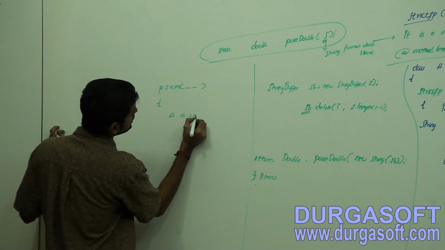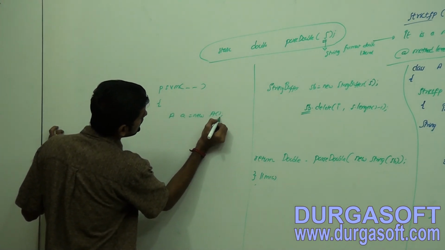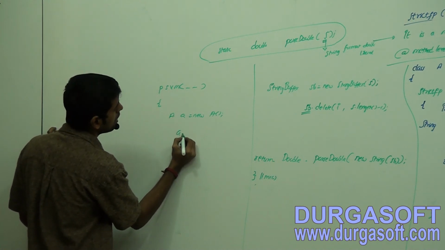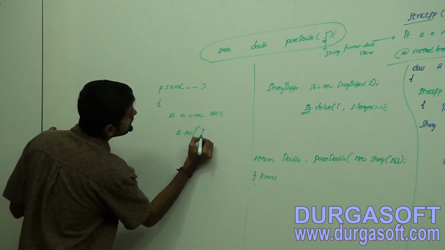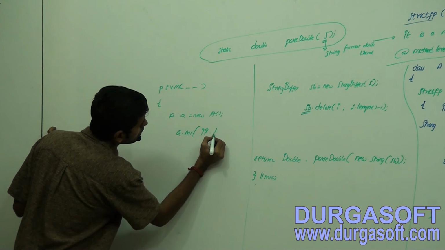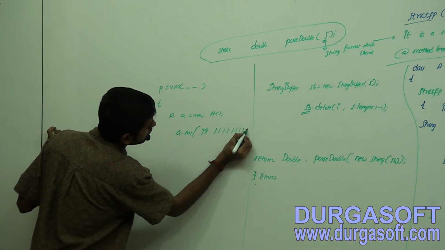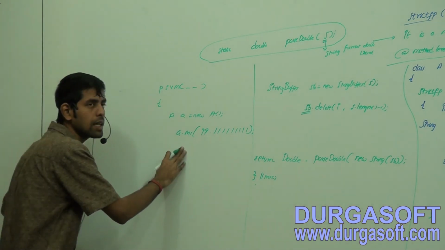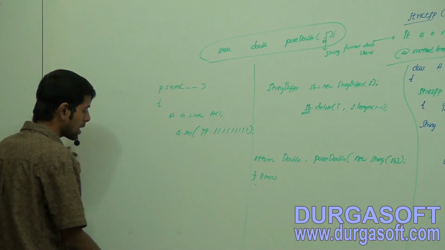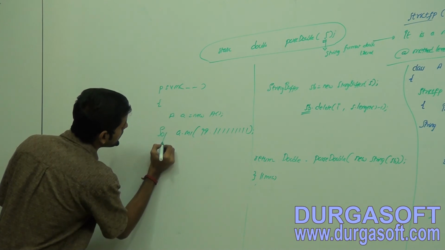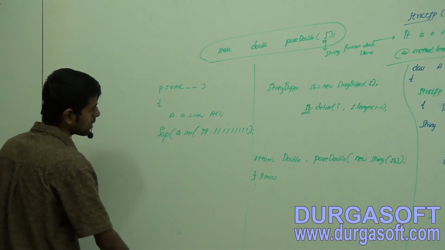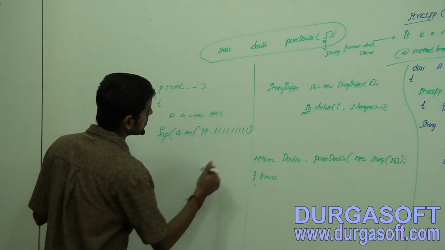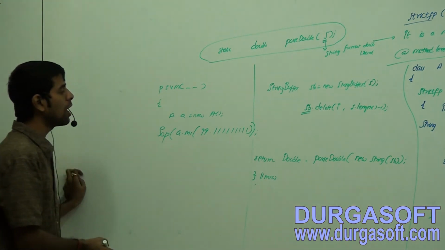A equals new A. Now A dot m1 of 99.111111 and some more digits. Now it is going to return something to us, right? Yes, it will return something. Let me put that within the SOP statement. Very specific thing, you are going to see the output.